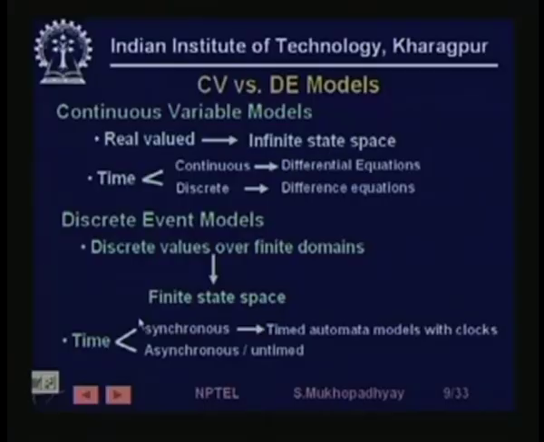Similarly, for time, we have two kinds of models. This we are not going to see too much, but we have two kinds of models called synchronous and asynchronous, where we assume that all variable changes occur along with some clock, just like a master slave flip flop is a synchronous device.